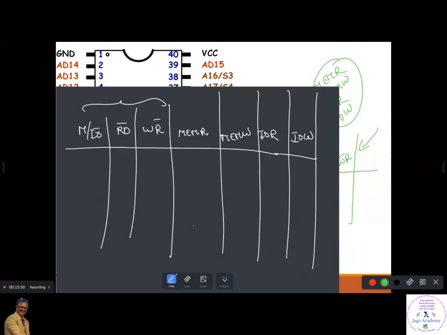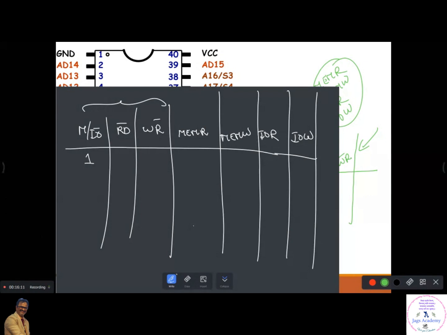Now see here. Suppose for this pin you give 1. Whether it is memory read or memory write, it is actually doing something only with the memory.